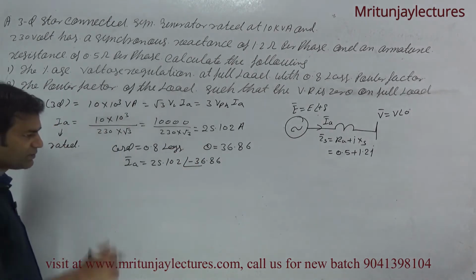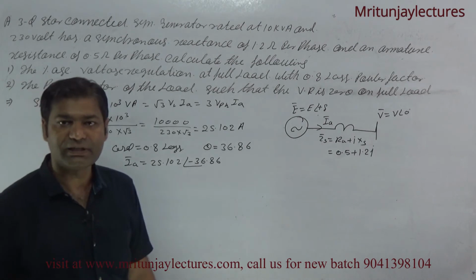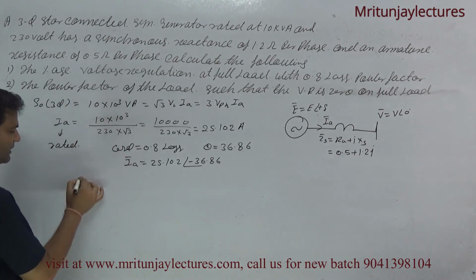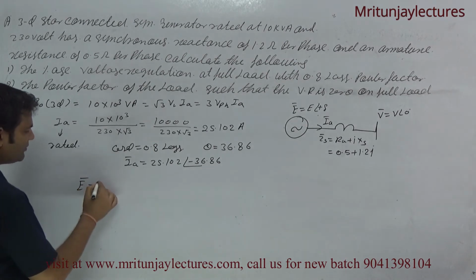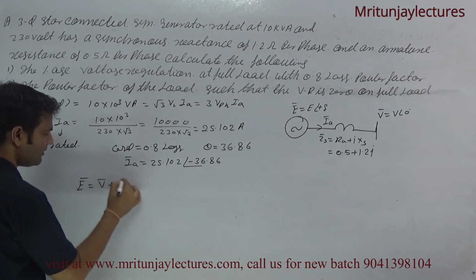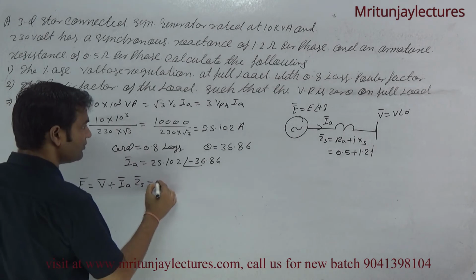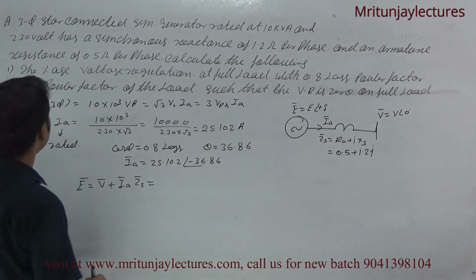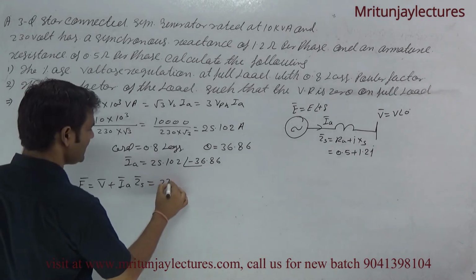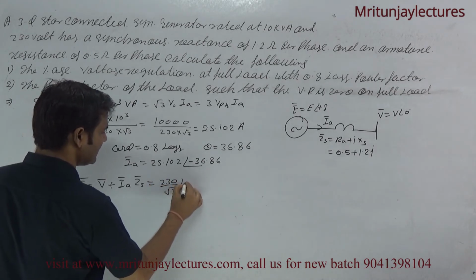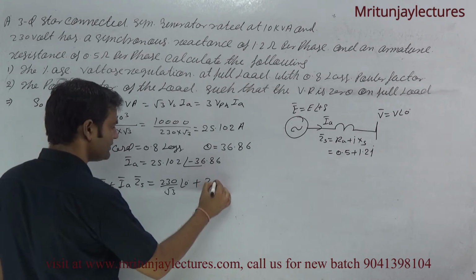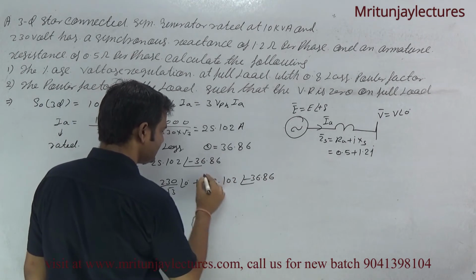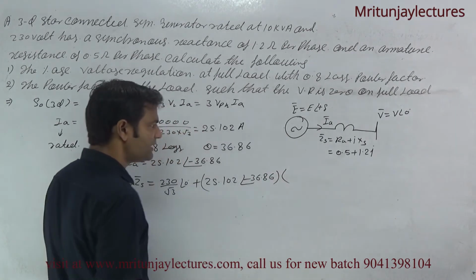First of all, determine E, the excitation voltage. With the help of this, since it is a synchronous generator, E is equal to V plus Ia into Zs. V per phase is 230 by root 3 at the angle 0, plus Ia, which is 25.102 at the angle minus 36.86, into Zs.